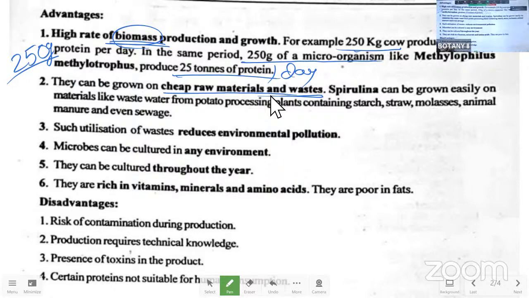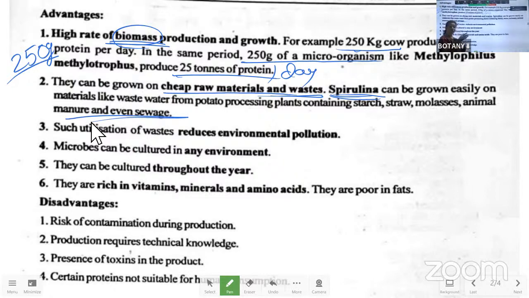No need to explain how they are growing, because this is an algal member, spirulina, which I gave at the start. Spirulina can grow on wastewater that comes from sugarcane fields, or from straw, or from leaves, or other damaged waste products. It can also grow on animal excreta, or even on sewage water, very easily, but it gives a high amount of proteins for us.